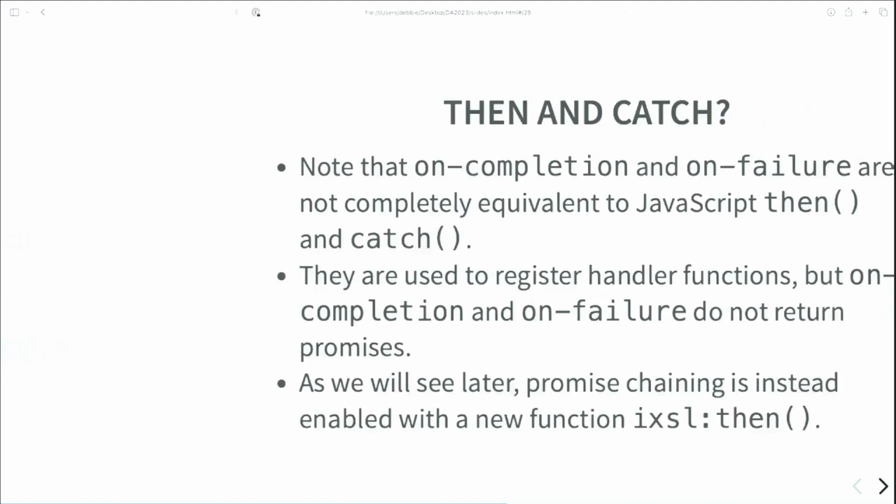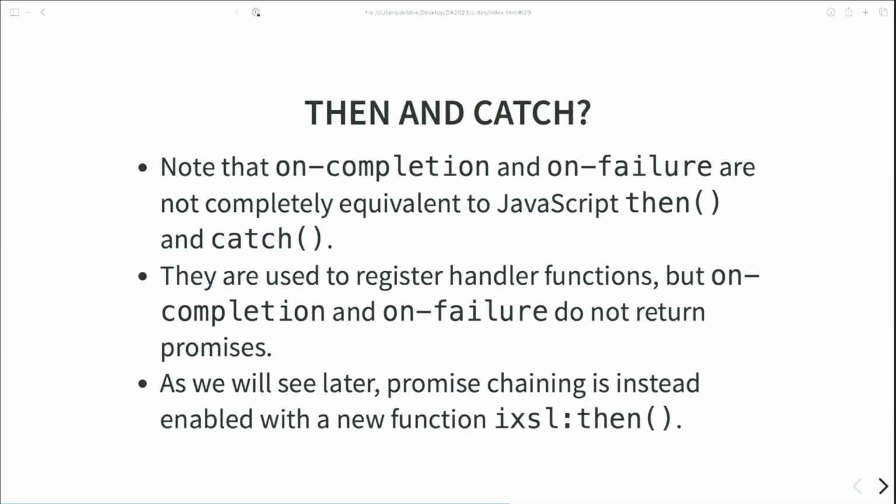Okay, if you can remember when I introduced promises, or you already know that we use then and catch, why am I not just using the same names here? Why are we calling it onCompletion and onFailure? The point is, these aren't actually equivalent. As I tried to make clear, then and catch always return promises. Our functions are not returning promises.